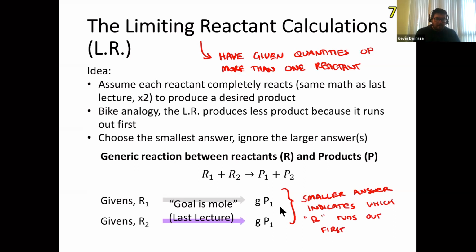So the limiting reactant question is a little bit more intimidating than it really is, because it's actually the same math as the last lecture, except you do the math twice. And that's basically it, as far as how much should I make.